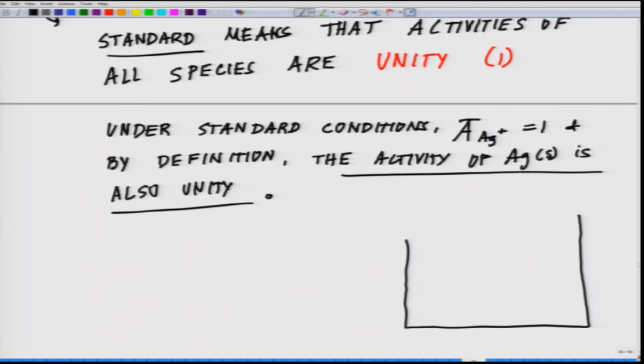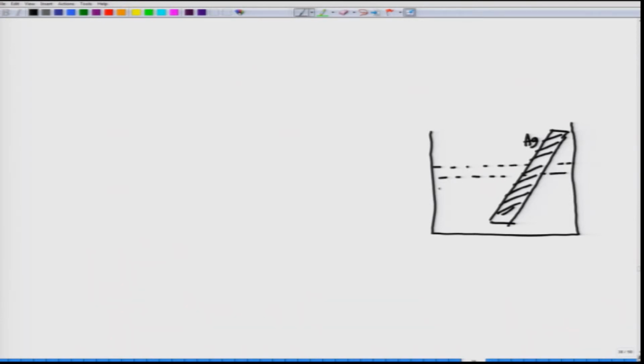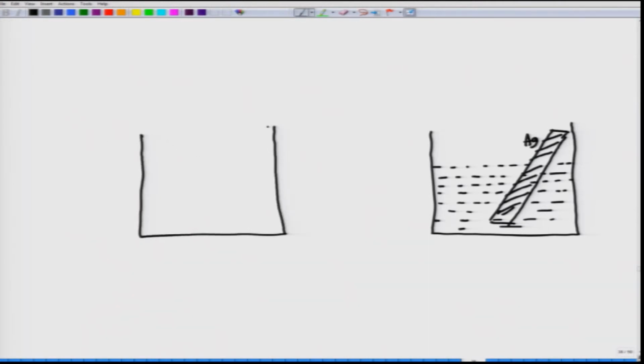Okay. Now, let us draw the half cell and its reference cell. Here you have the Ag electrode, the silver electrode sitting, and you have the salt bridge connected out here.